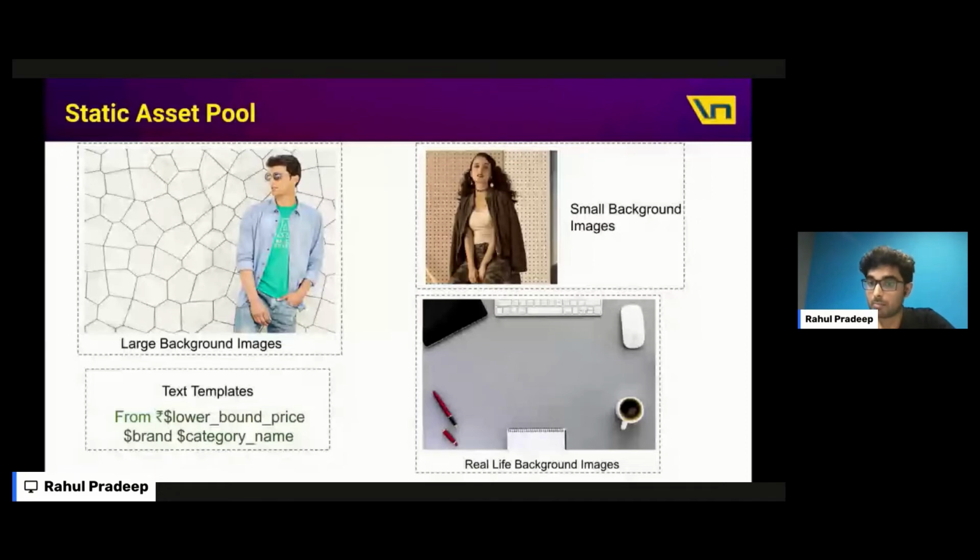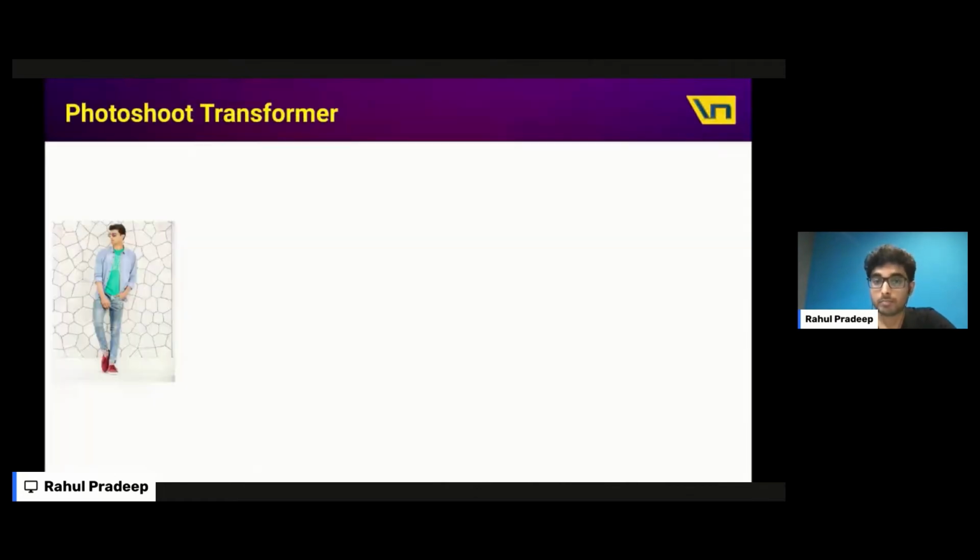So let's take a step back and figure out how we actually create these different rich experiences, right? And we employ a lot of techniques including ML, AI, etc. So first is a technique called Photoshoot Transformer. This is specifically for lifestyle, and we found a lot of success in that.